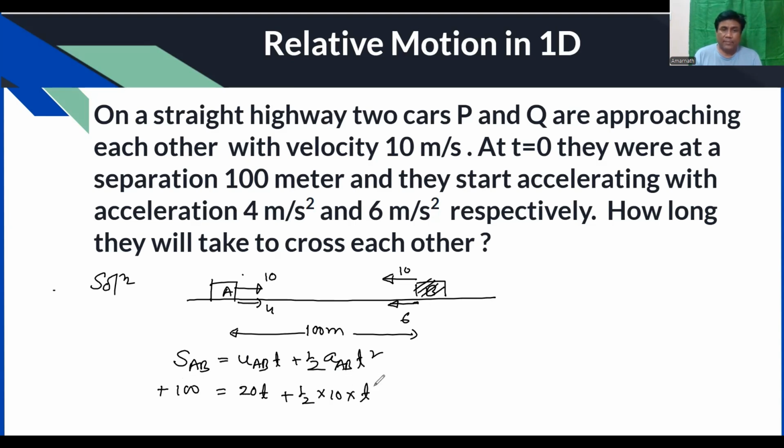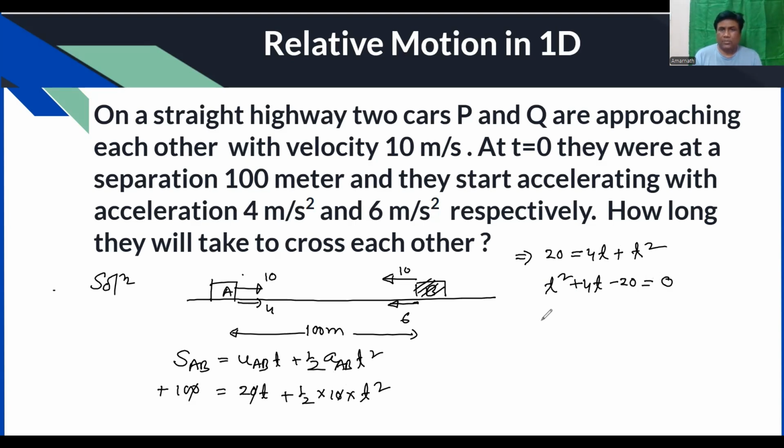I am just skipping one or two steps. So you can cut it, and if I multiply by 2, it will be t square plus 4t minus 20 equal to 0.